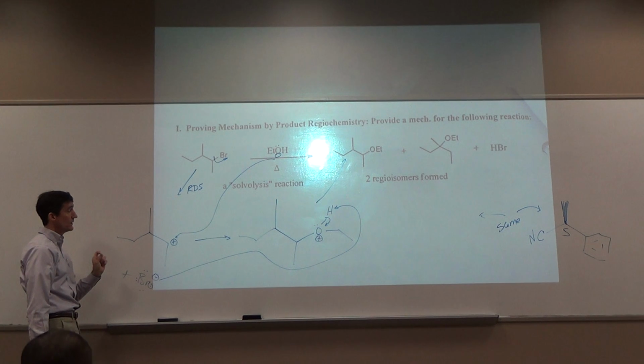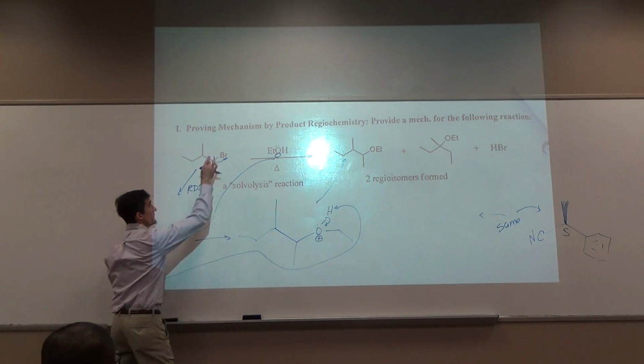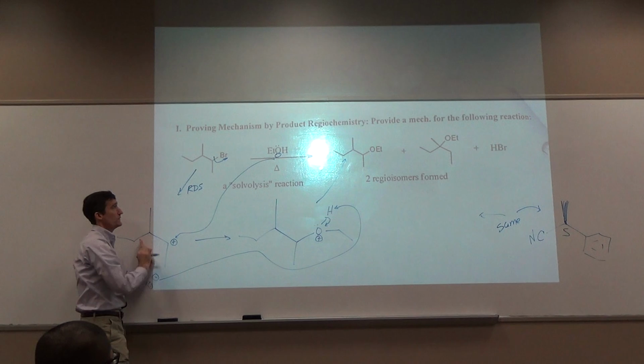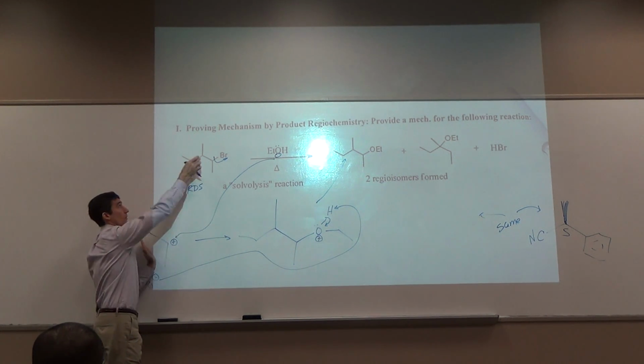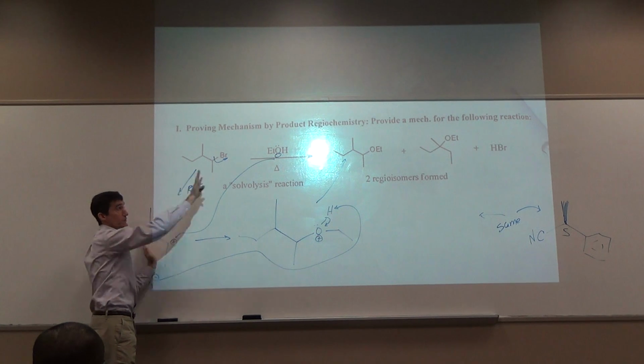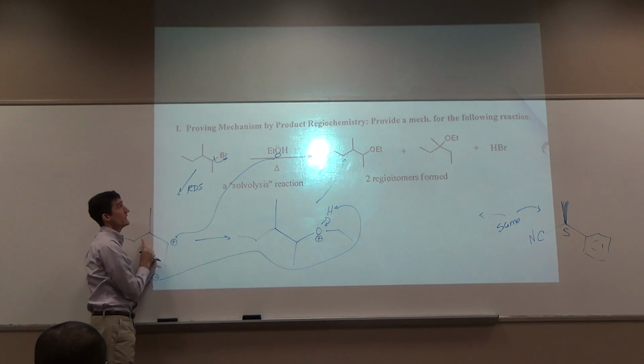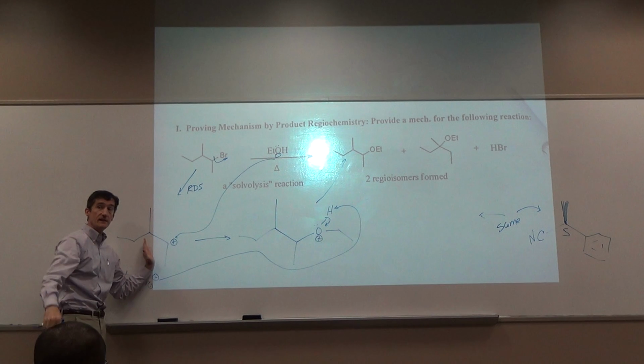Because here's the rate determining step. Of the two reactants, which one is involved in this step? Only that one. The nucleophile is not involved in this rate determining step. Only one substrate. That's why it's called SN1.